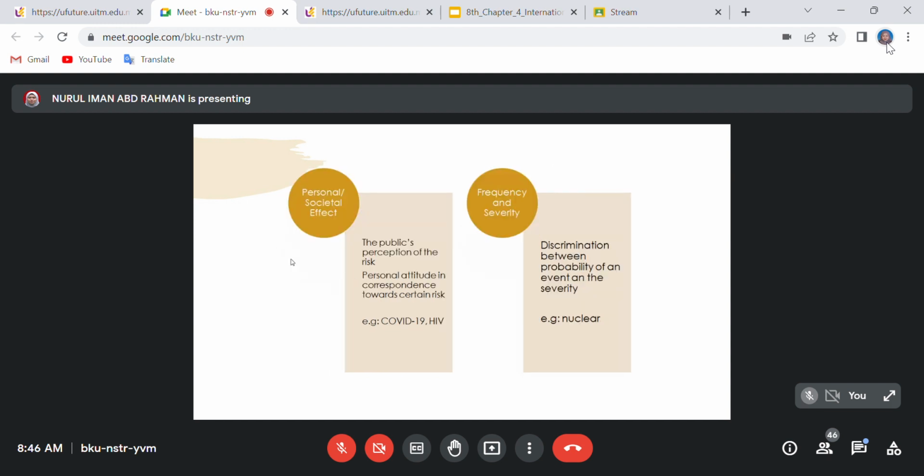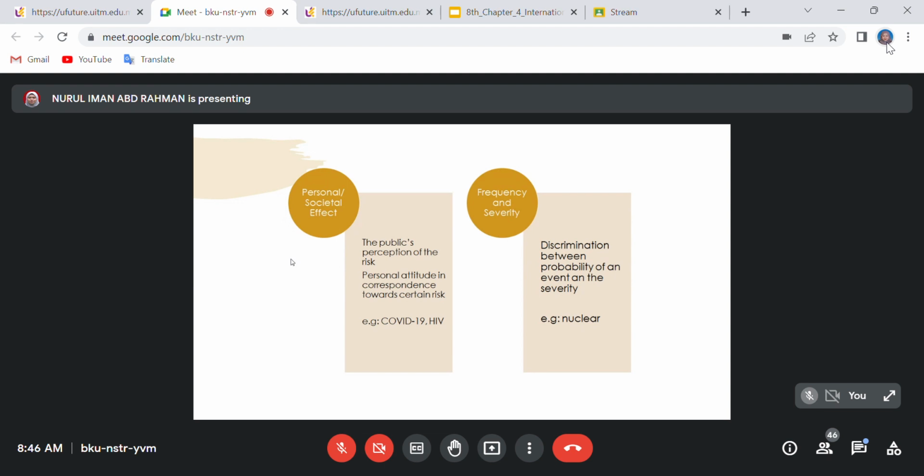Okay, the next one is also based on personal or societal effect. How you perceive the risk is sometimes based on your personal and societal effects. This is where the public's perception of the risk shapes your personal attitude towards a certain risk. All of us are familiar with COVID now. But previously in 2019, everyone was afraid. Even going out of the house, nobody wore a mask. And now people don't care so much.